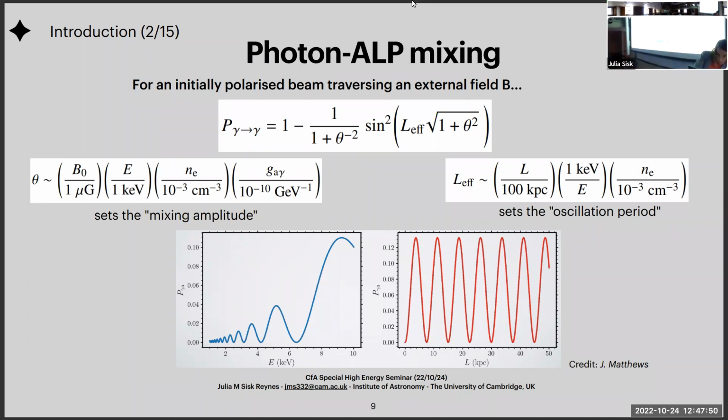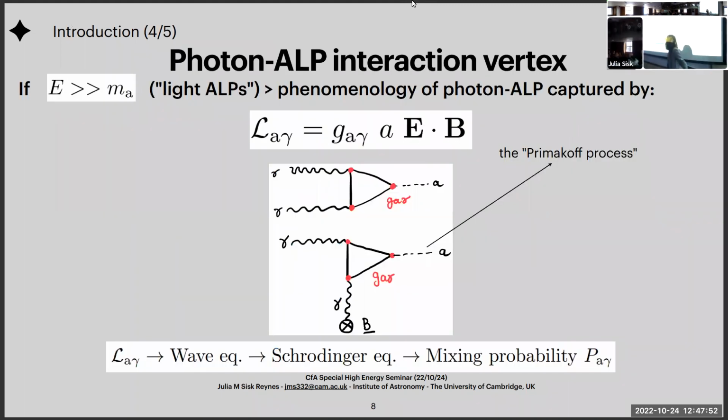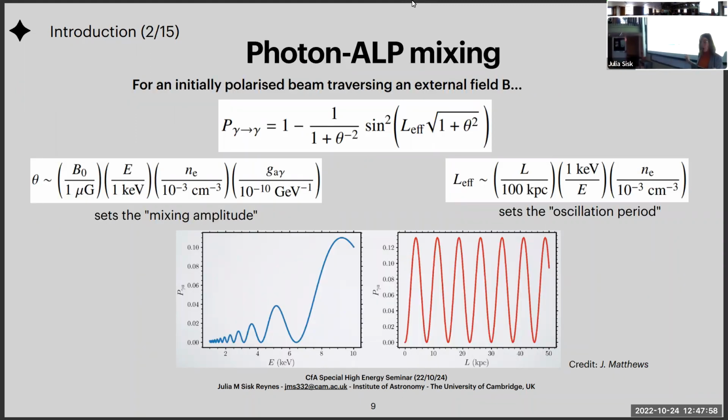And this is something that is captured by this Feynman diagram here. So our time variable becomes this path length, if you like. And this is for only a given path length, and this is for a given energy.